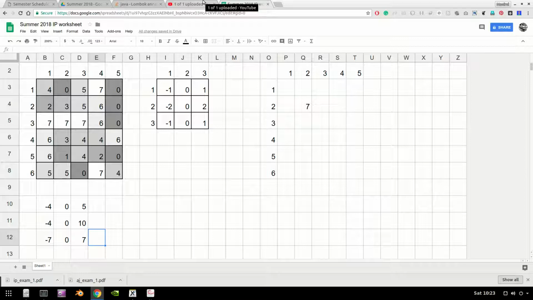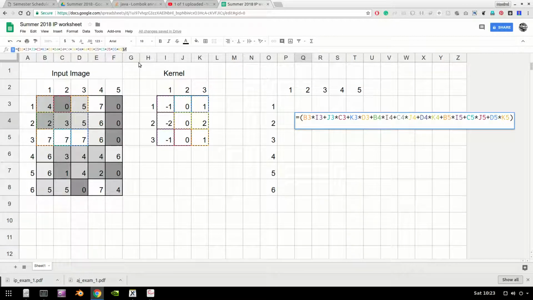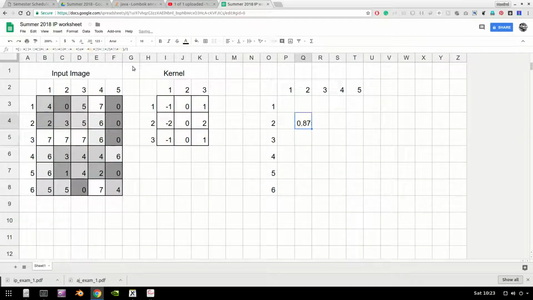If you simply multiply the entries, 4 times minus 1 is minus 4, 0 times 0 is 0, and here we got 5. So the sum of all these things is 7. So I guess this time I got it right. Okay? So 7 over here, and that is going to be divided by 8.